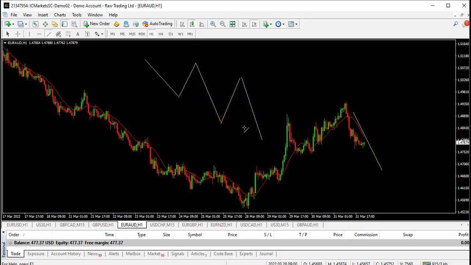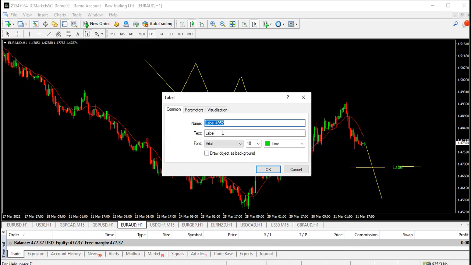We expect this market to rise from this point and then continue moving downward. So where shall we put a sell stop? A sell stop, we put it here.